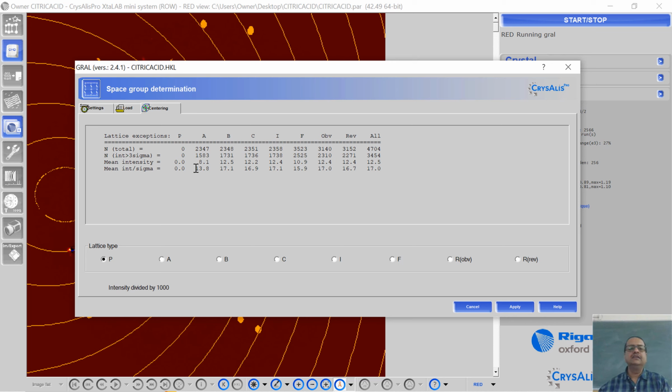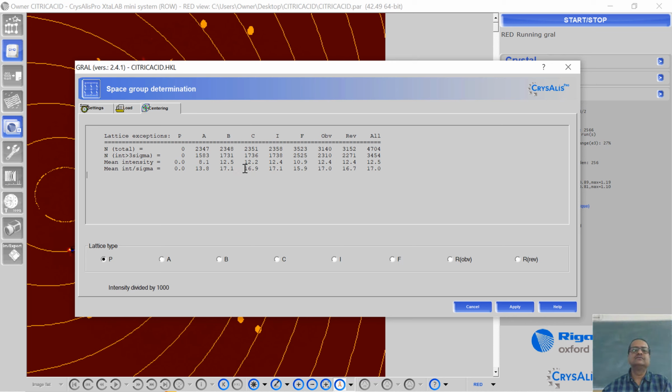Now here in this table, it tells you about any systematic absence conditions that may be observed out of the reduced data. If there is a systematic absence condition that satisfies C lattice, then you will see all these will be 0 or close to 0.